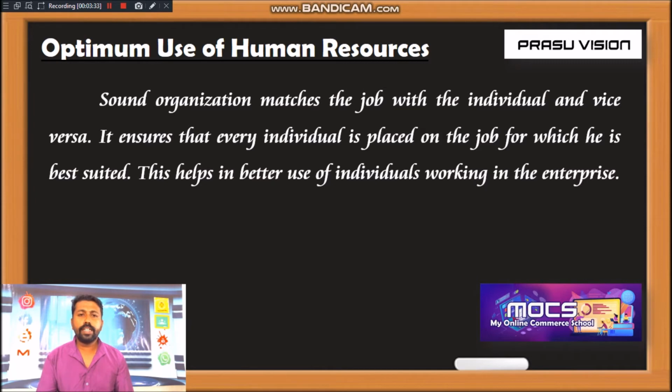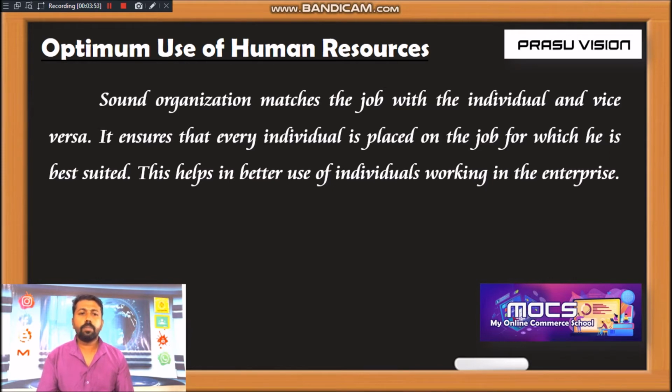So, sound organization matches the job with the individual and vice versa. It ensures that every individual is placed on the job for which he or she is best suited, and this helps in better use of individuals working in the enterprise.